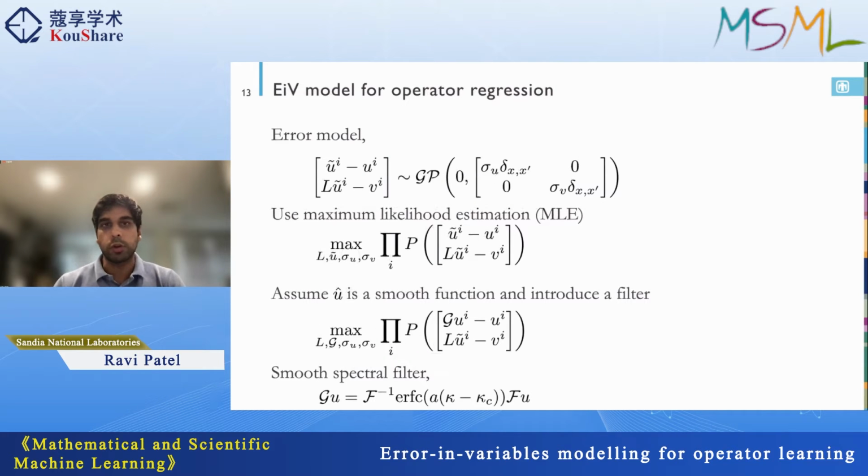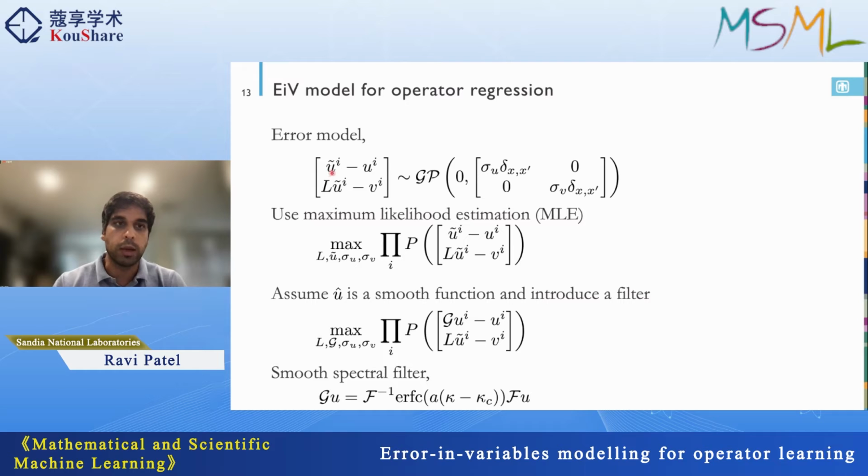So our approach for correcting this type of bias is shown here. Instead of just looking at the output of the operator, we model the joint error between the input and the output. So we look at the joint distribution of the input and output.